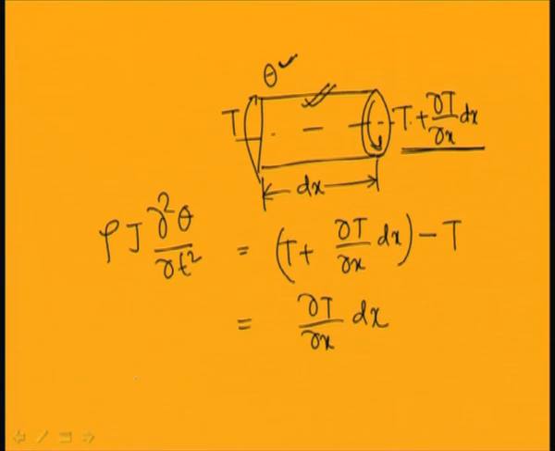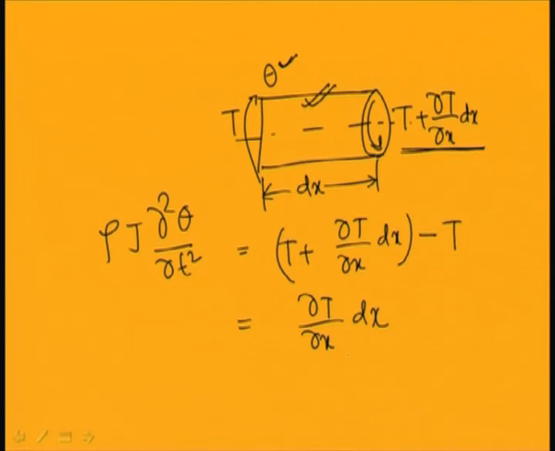So, substituting this equation here, I can write rho J ∂²θ/∂t².